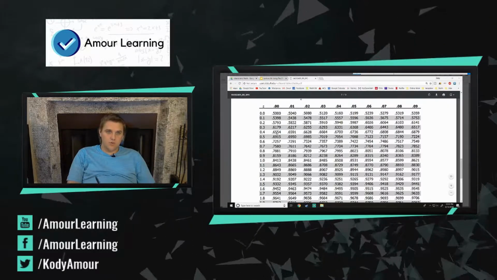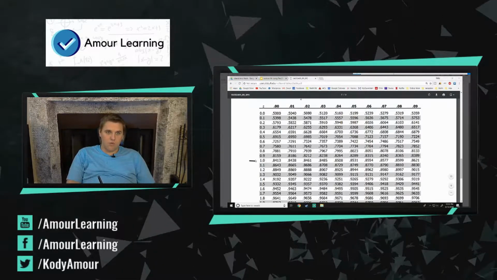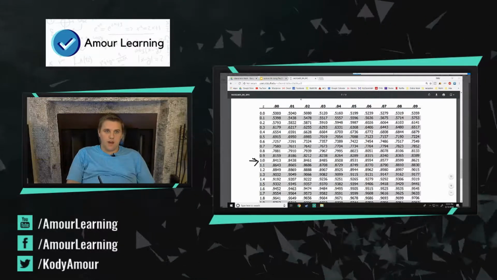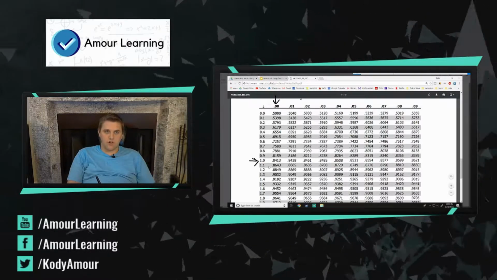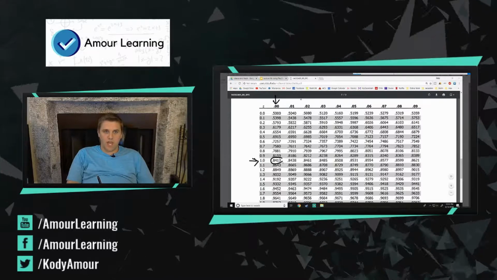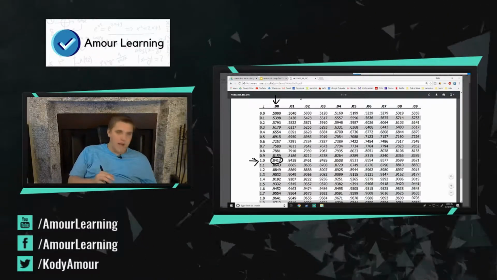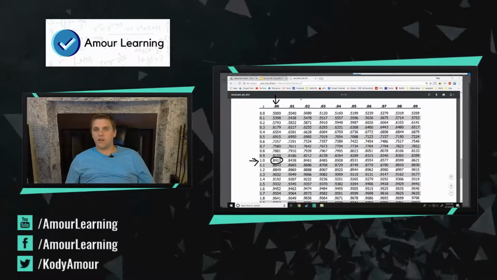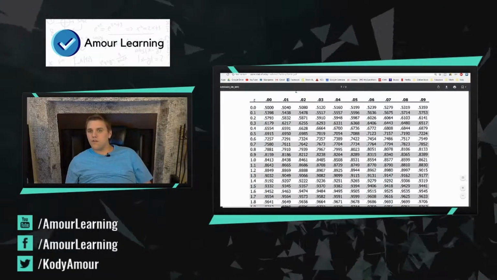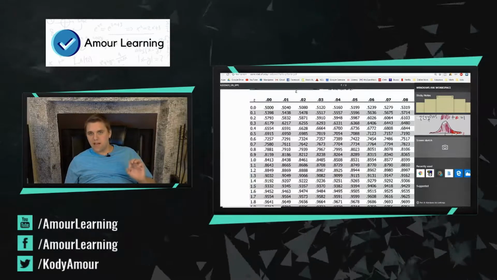Z equals 1 is right here, 1.0, and the hundredths place is also 0. So it would be 0.8413. And that makes sense if we go back to the illustration we had earlier. 0.8413, I'm going to remember that.